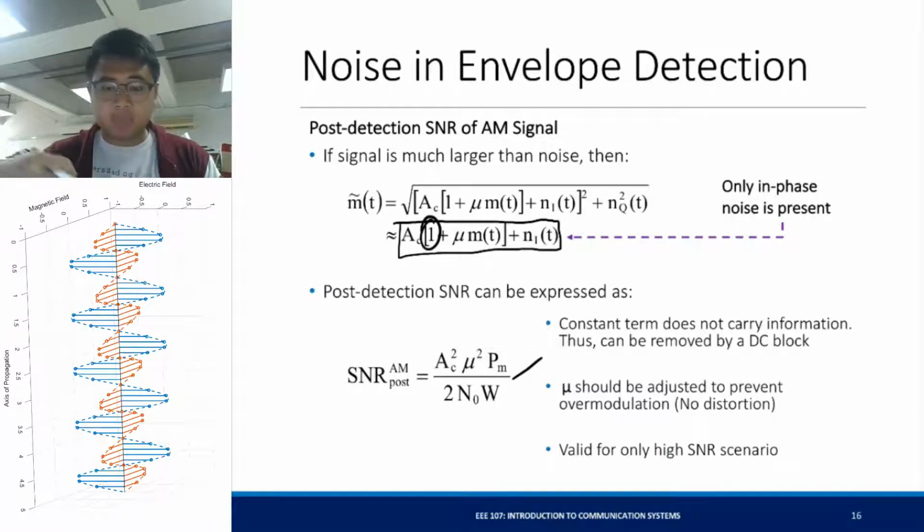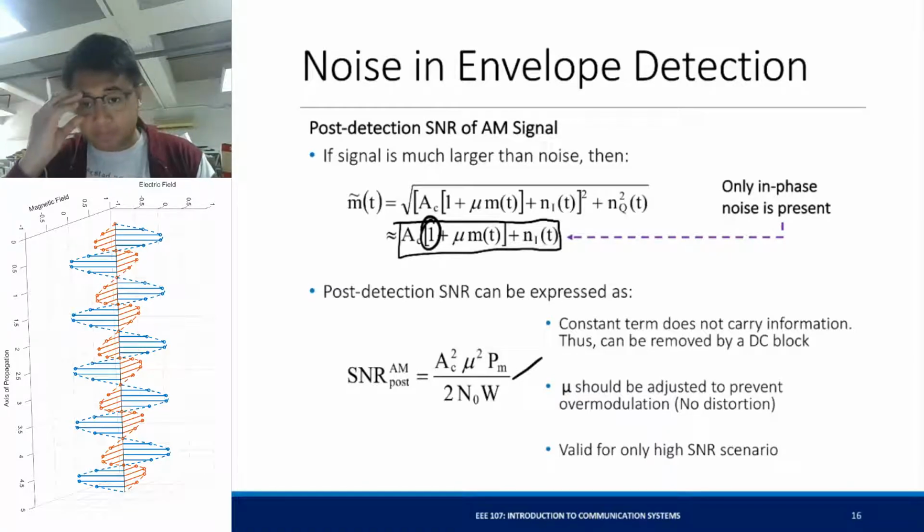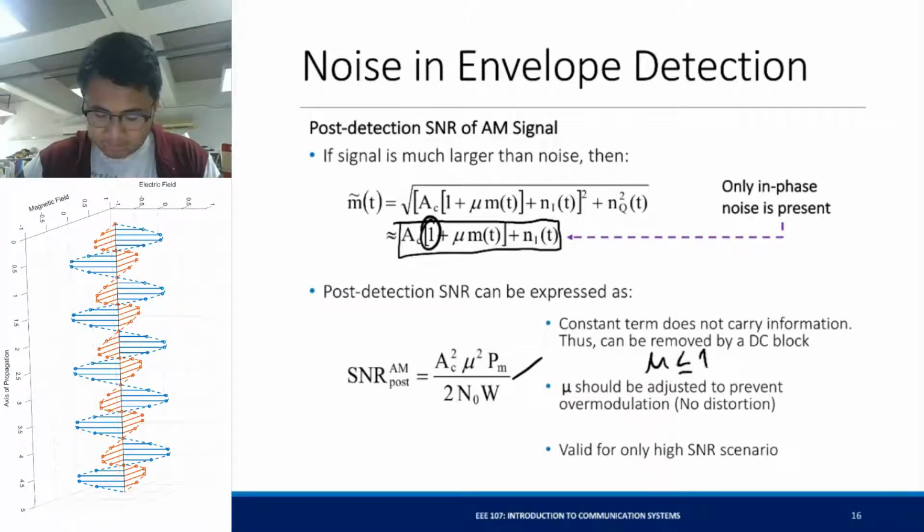The constant term disappeared because it does not carry any information. Therefore, we remove it using a DC block. Mu here should be adjusted to prevent overmodulation. Therefore, mu has a maximum value of 1. And this is only valid for a high SNR case. So we approximated that by making this disappear because it's very small.